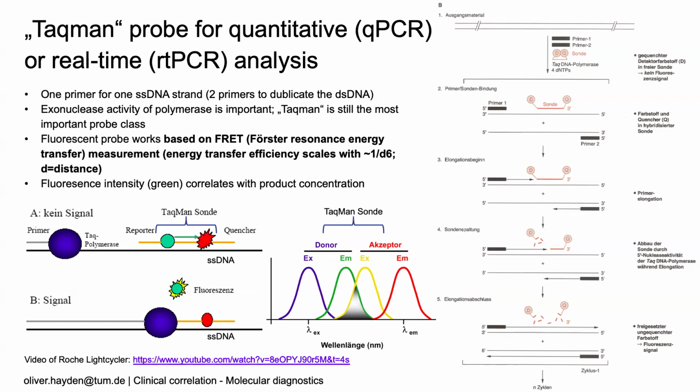That's exactly where the Förster resonance energy transfer comes in. The trick is that you actually have two fluorophores sitting at very close distance to each other. The energy transfer works with an efficiency which drops with the sixth power of the distance between the two fluorophores, meaning at half a nanometer there's barely anything left.